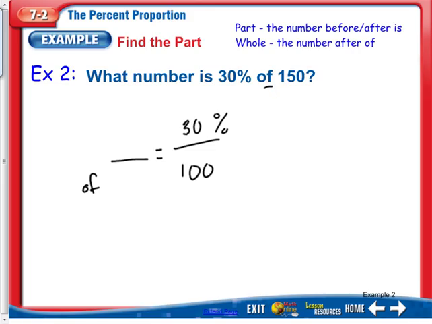This says of 150. Now, where do we put of? Right next to of there, so it's 150. And this is the spot that I don't know. Okay, what letter do we put there? This would be our part. Again, cross multiply, so I have 100 times P. Cross multiply here.